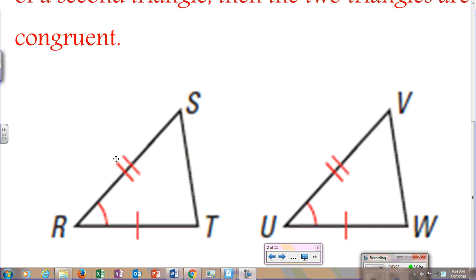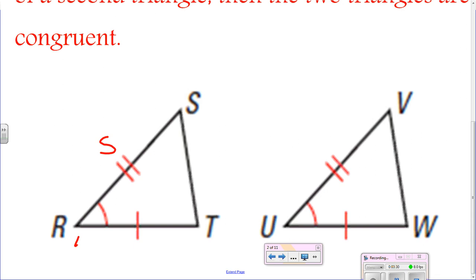Because we have this side, this angle, and this side congruent to this side, this angle, and this side.